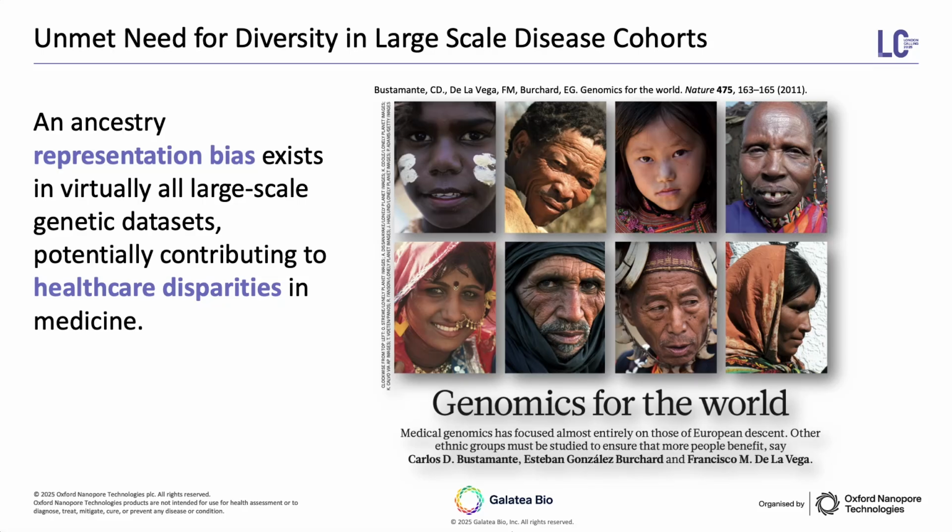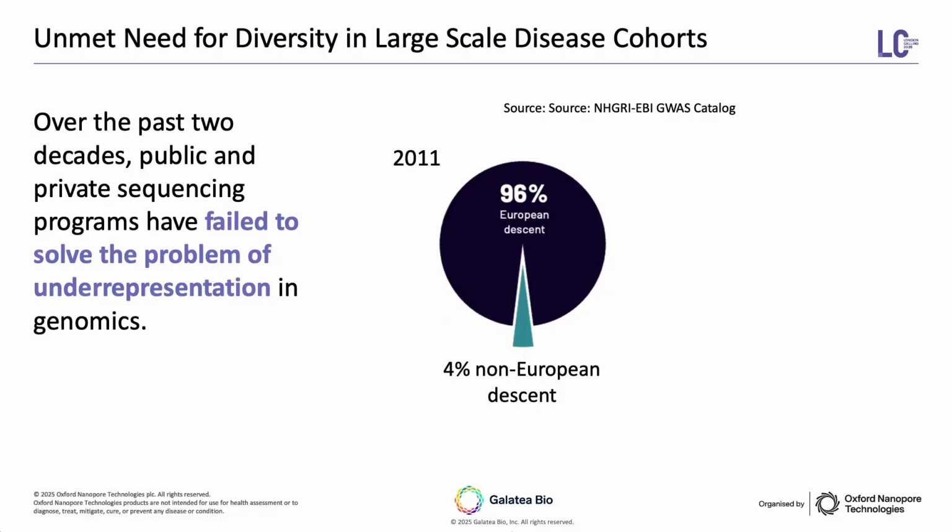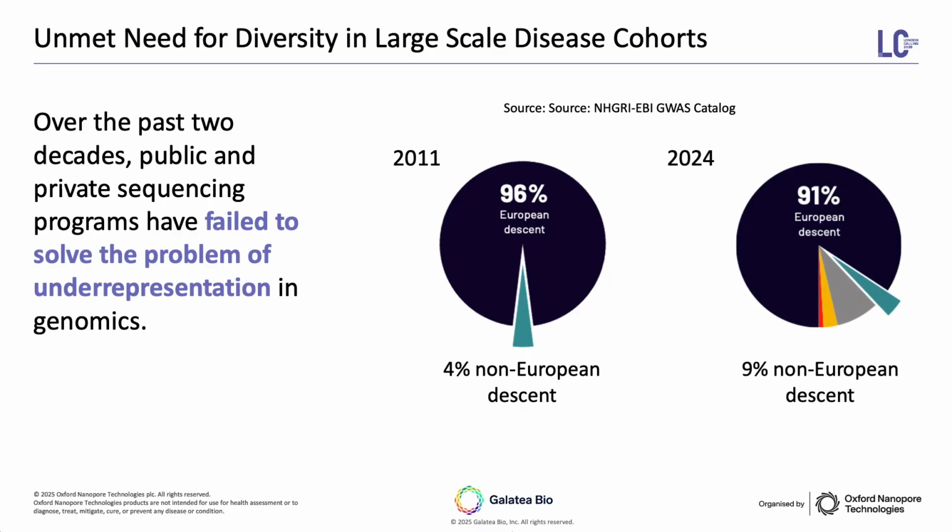Clearly, that bias can translate into gaps in translation into the healthcare system, but also into lacking information about what's going on in the rest of the world. Since we reported this, only 4% of the individuals in GWAS studies were non-European, and unfortunately, up to last year, that has not changed a lot. So two decades later, we're still having this problem of representation.